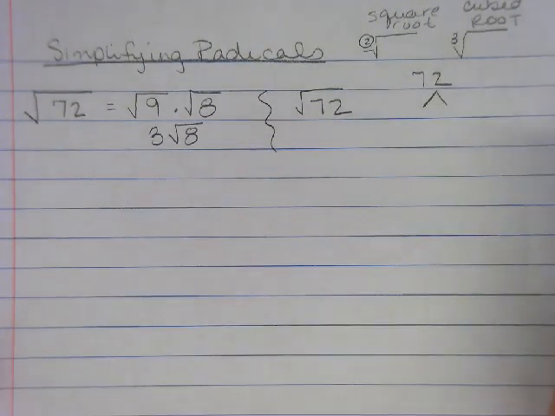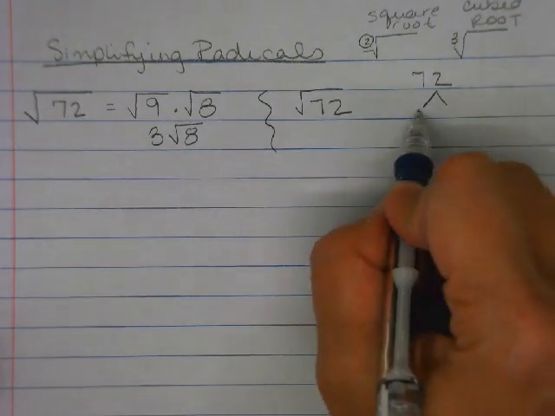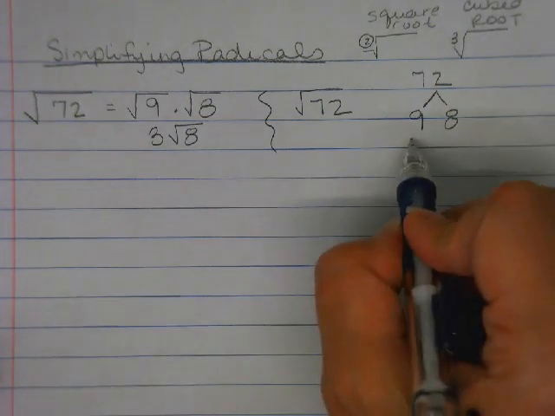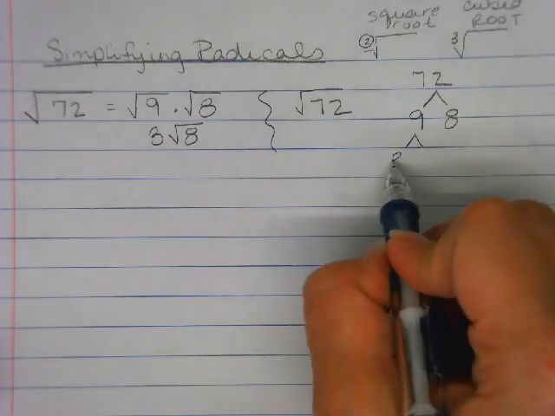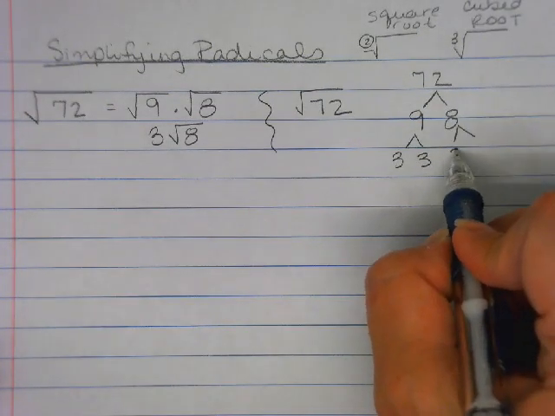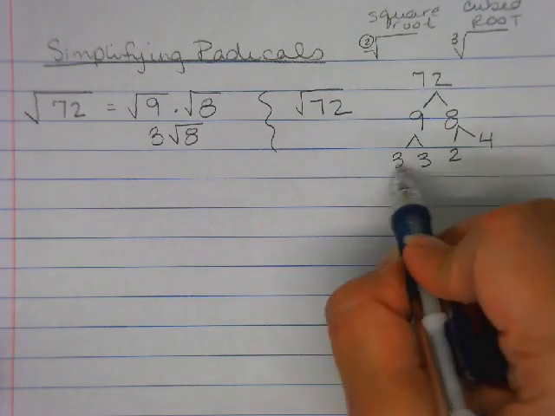So do you want to use 9 and 8, or some other factors that make 72? 9 and 8. Okay, we're going to stick with that. Now, these are not primes, right? Remember, primes, only factors are 1 and itself. So we can break 9 into what? 3 times 3. What can we break 8 into? 4 and 2. And these are all primes, but this isn't.